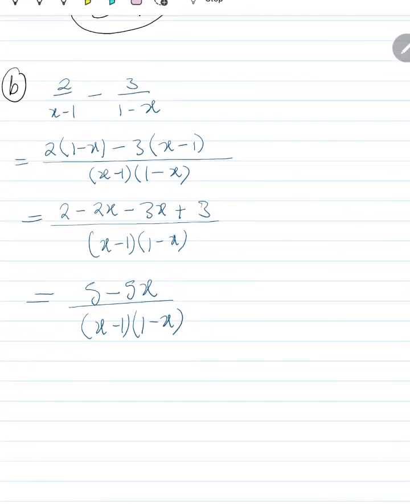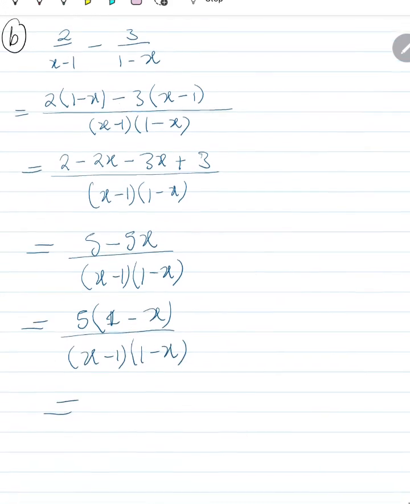So you can observe something here that 5 can be factored out because you want to simplify in its lowest or simplest form as far as possible. So 5 outside, you have 1 minus x, everything over x minus 1 and 1 minus x.